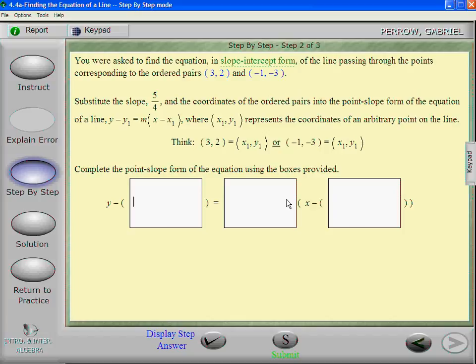It says, okay, you were asked to find the equation in slope-intercept form of the line passing through the corresponding points, corresponding to the ordered pair, 3 comma 2 and -1 comma -3. Substitute the slope 5 over 4 and the coordinates of the ordered pairs into the point slope formula of the equation of a line. And there it is: y minus y1 equals m times parentheses x minus x1 close parentheses.